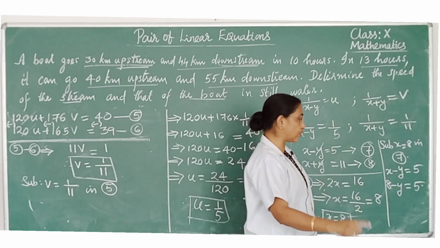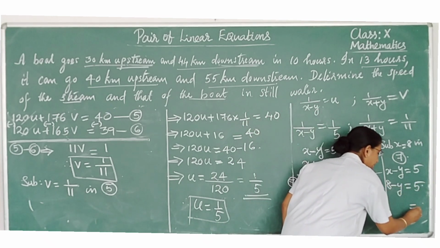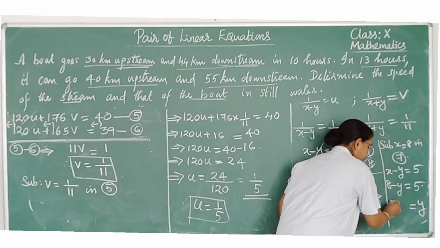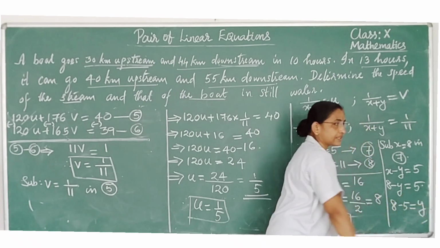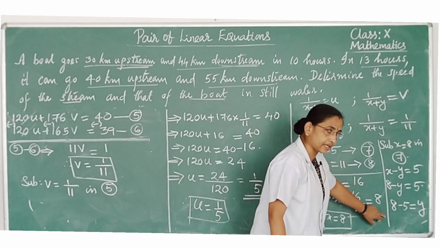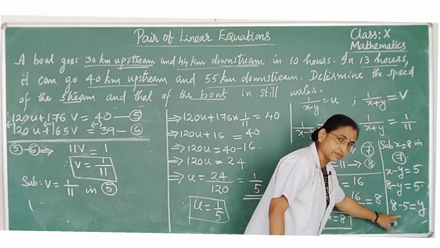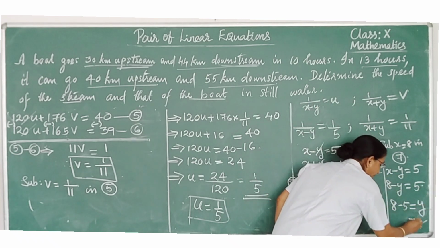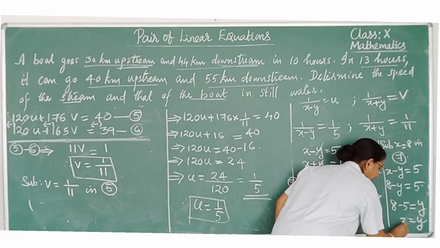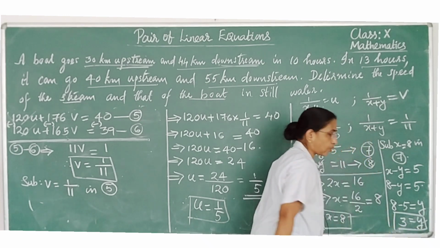I need to find the value of y. 8 on the left side, and 5 comes to the left side becomes minus 5. Minus 5 goes to the right side and becomes plus 1. Therefore, the value of y obtained is 3. y equal to 3 or 3 equal to y, both are the same.